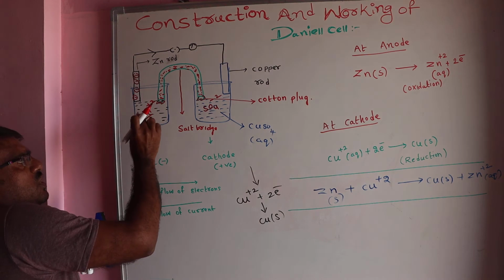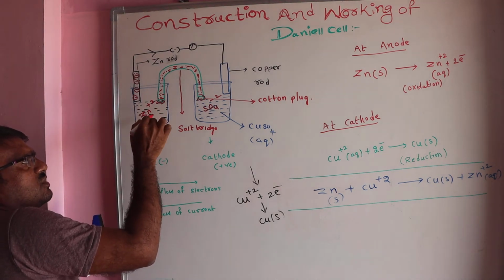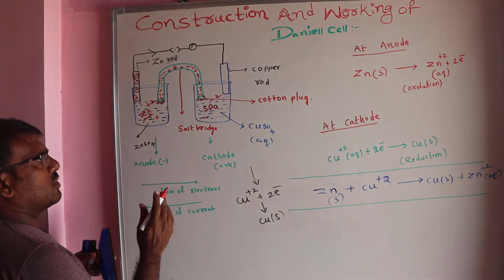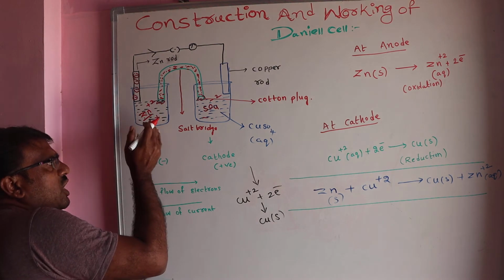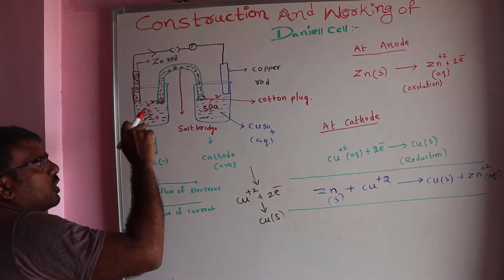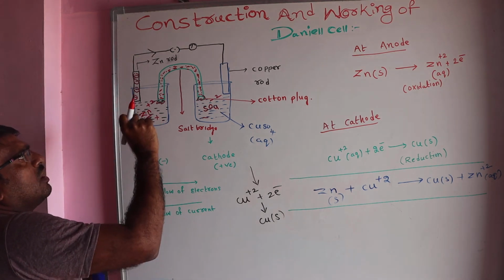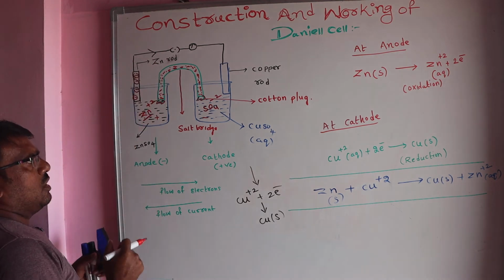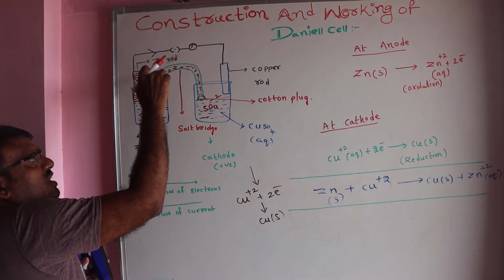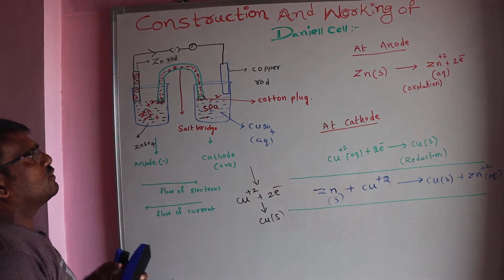When the positive charge in the solution increases, this solution gets a positive charge and the other solution gets a negative charge. So some potential difference arises in the solution. This potential difference cannot allow the flow of electrons. Because of this potential difference, electron flow does not take place, which means we cannot produce electricity.